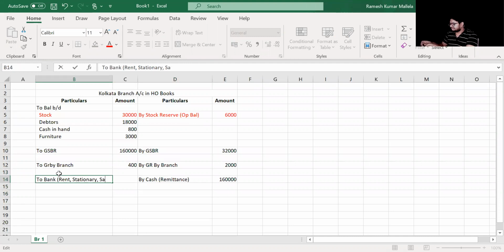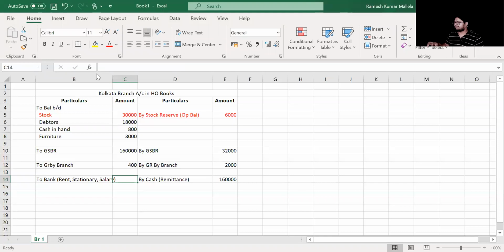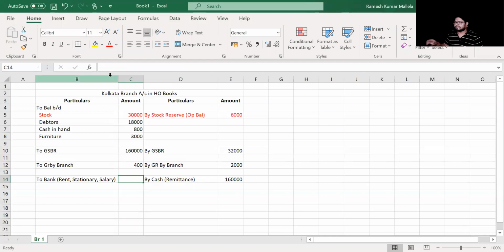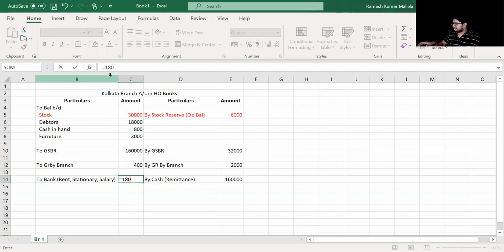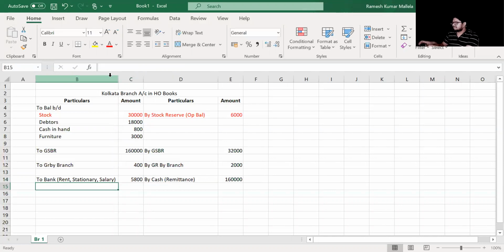Salary is also there. So these are the expenses I am incurring for. So for all these three together, it is actually 1,800 plus 3,200 plus 800. So 5,800 rupees is what I have spent for him.